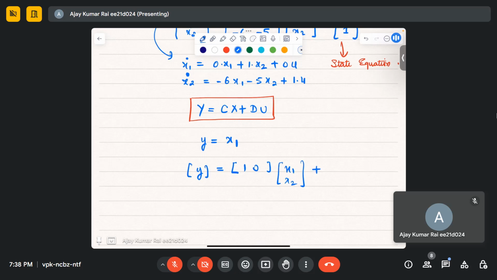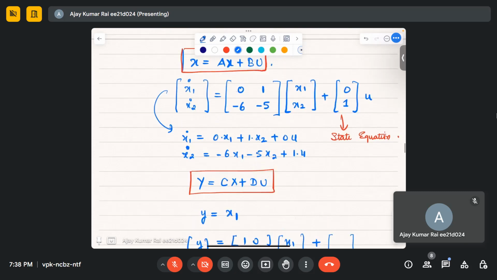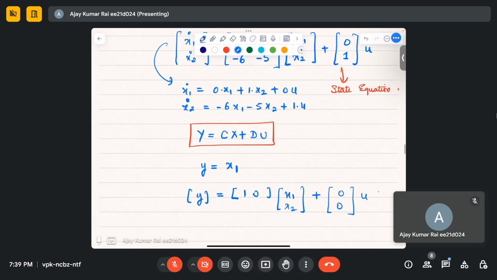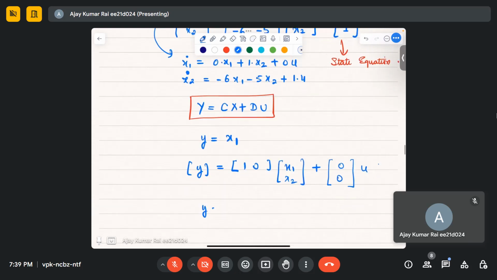plus, what is D? D is 0. Okay, if you choose, this is 0 0, right? So you can write it like 1 into x1, plus 0 into x2, but this is wrong, this is 2 into 1, and this is 1 into 1.